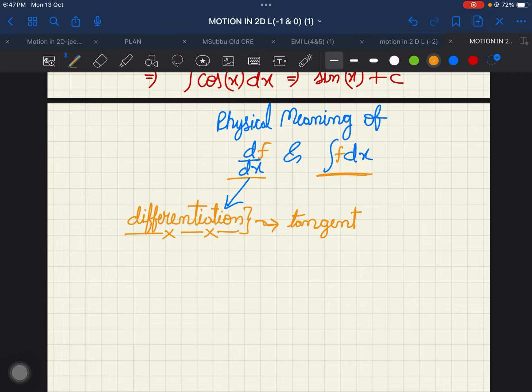So what do you mean by tangent? Tangent means tan theta, or you can say the slope. Clear? So this is what you mean by differentiation.